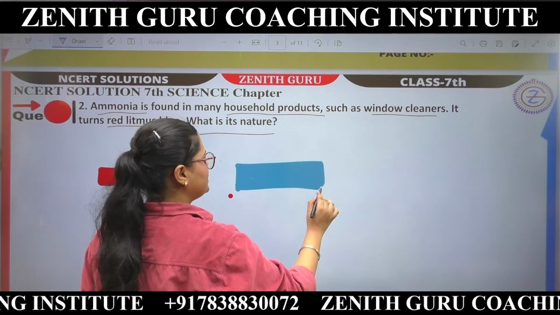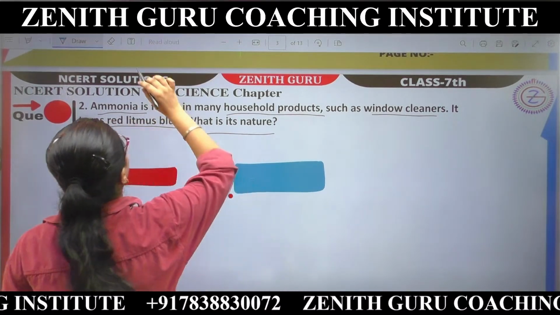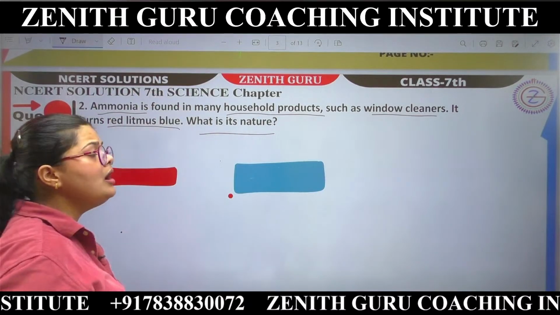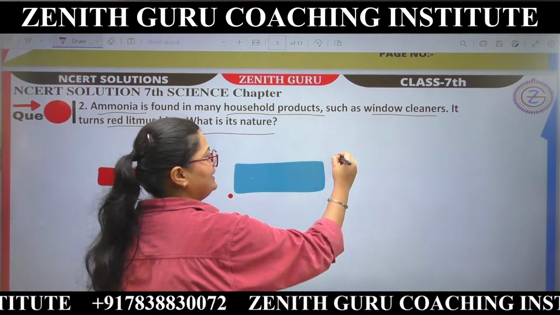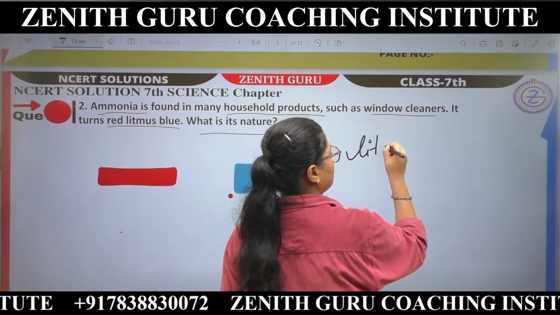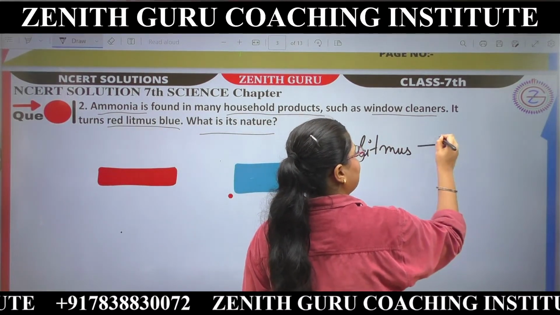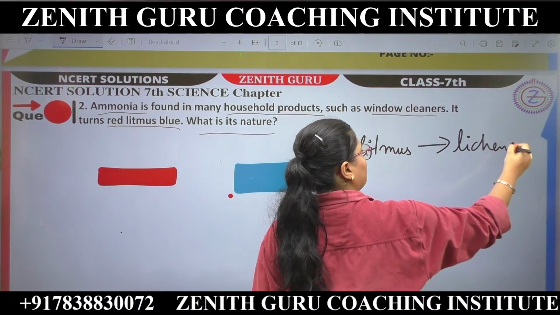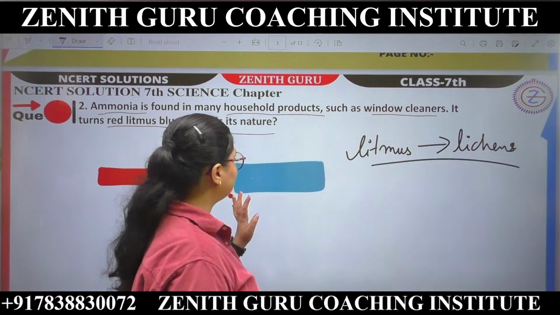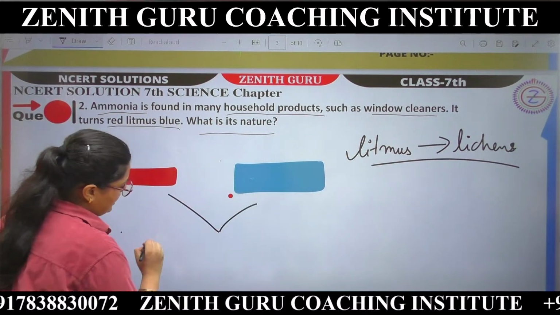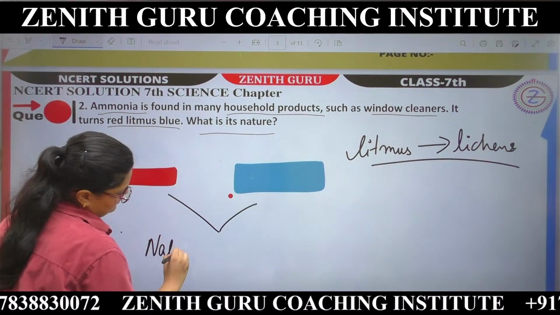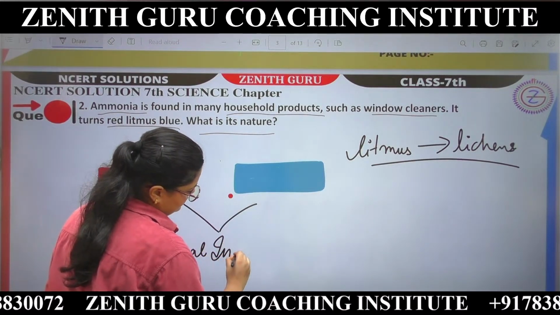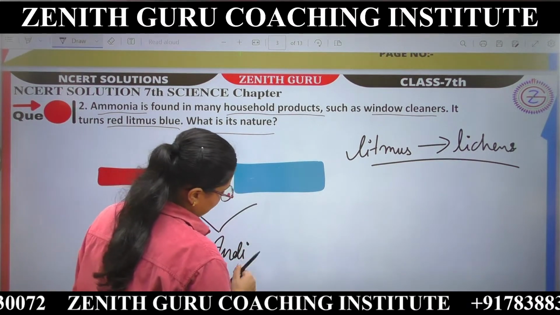Basically, they are strips. And also, what you are supposed to remember is, not just from the exam point of view, but also for your general knowledge, that litmus is extracted from lichens. Okay, do remember it. And what is it? These are natural indicators.